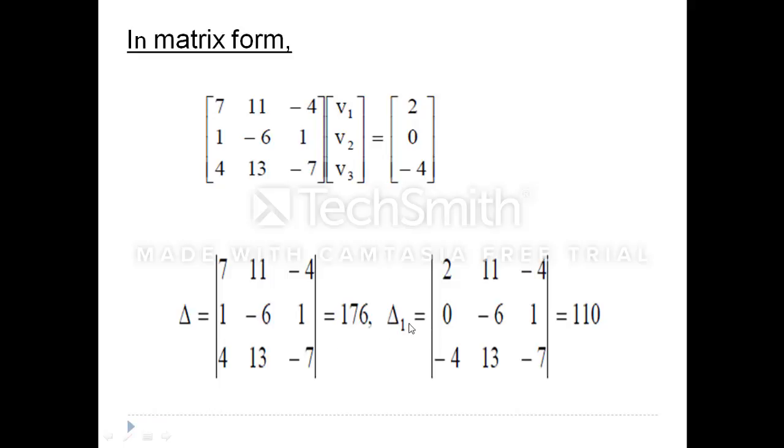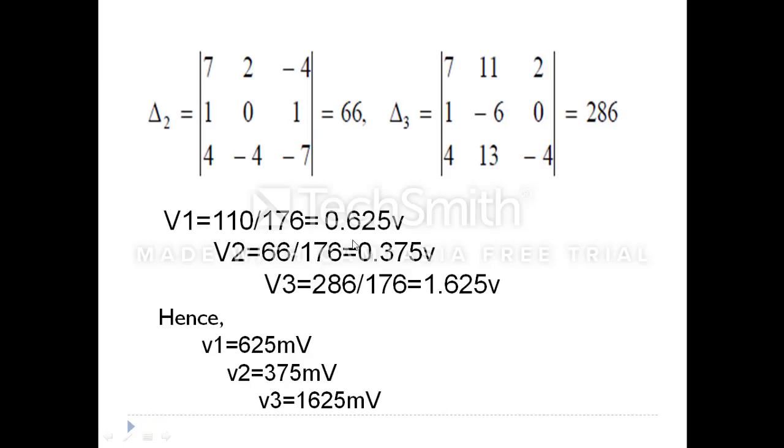Similarly you will get delta 1, which is equal to 110. Now delta 2 is equal to 66, and delta 3, using determinants, is 286. After that you have to find V1, V2, V3. V1 is equal to delta 1 by delta, 110 by 176, which is 0.625 volt.